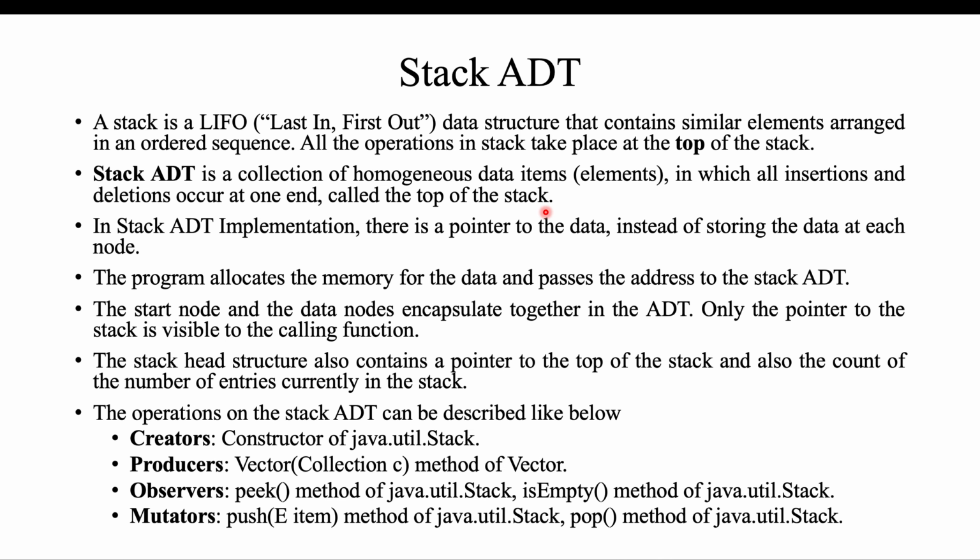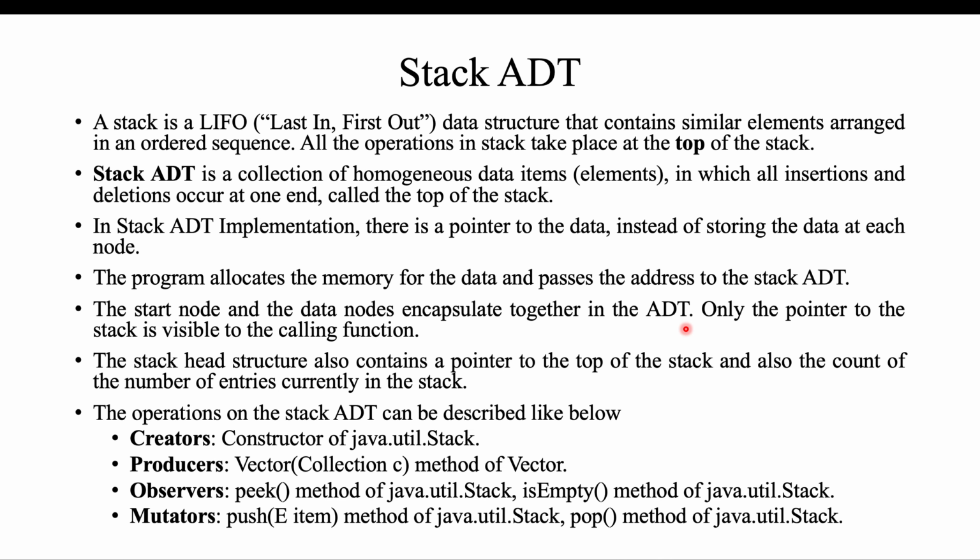Whatever we know about the stack abstract data type is that there is a pointer to the data, and instead of storing the data at each node, we simply point to that particular data using this pointer, and the program allocates the memory for data and passes the address to the stack ADT. The start node and the data nodes are encapsulated together in the ADT.